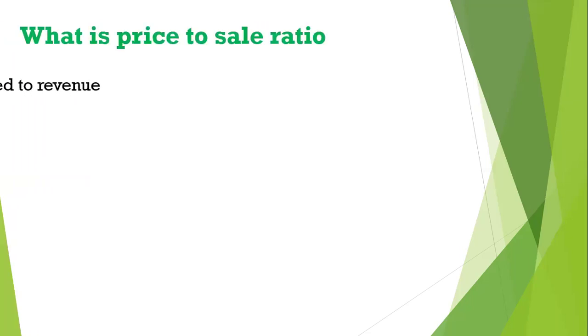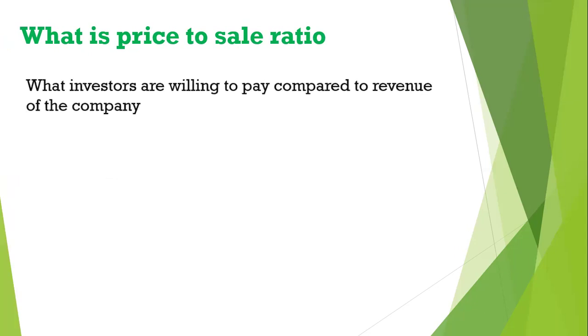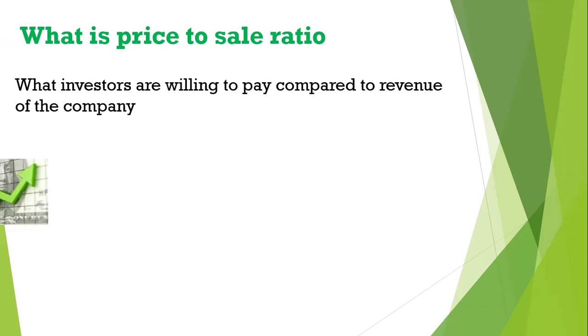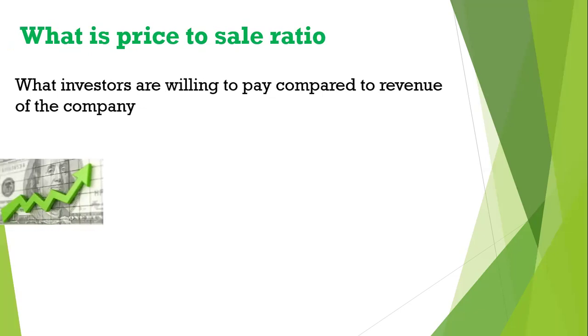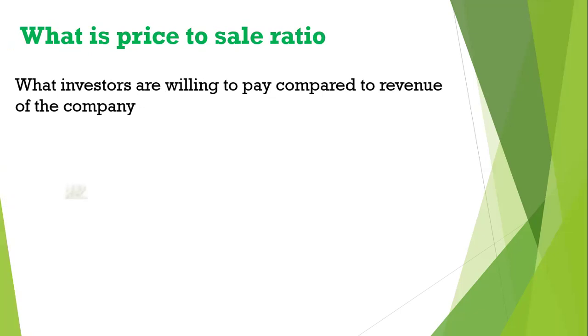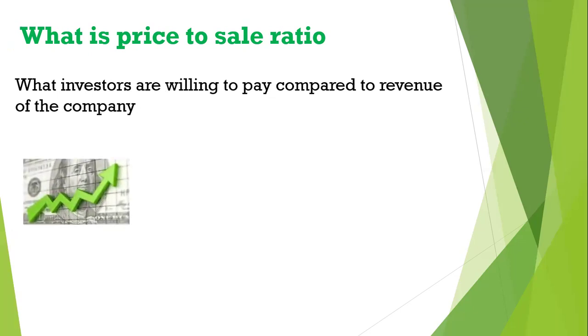What is price to sale? Like we said before, this ratio is used to compare companies. It is also used to see if the company is undervalued or overvalued. It is what investors are willing to pay compared to the revenue of the company.